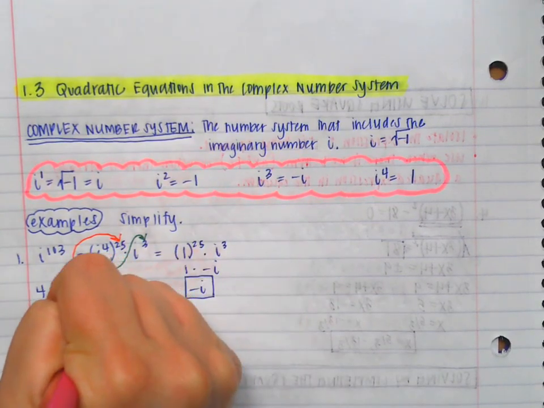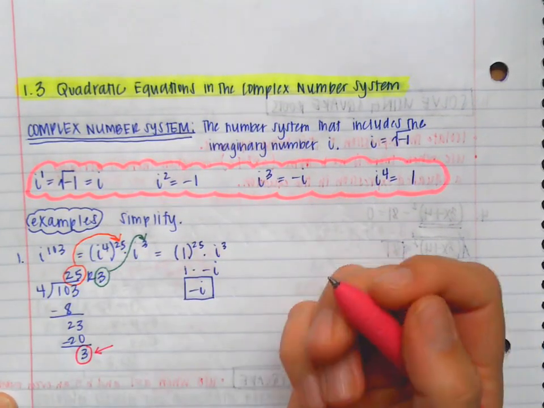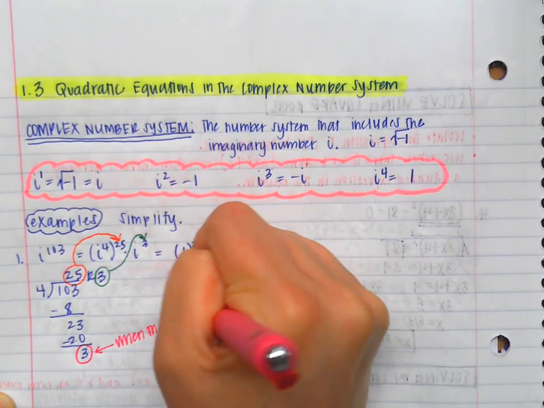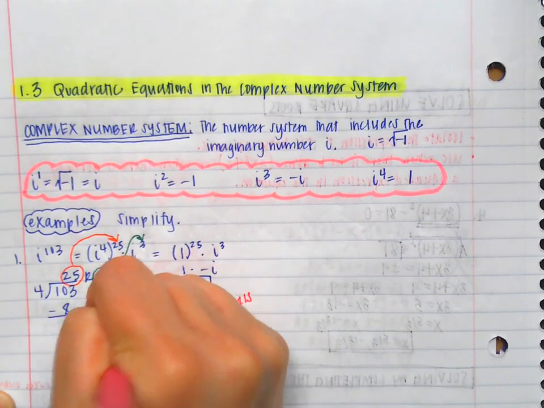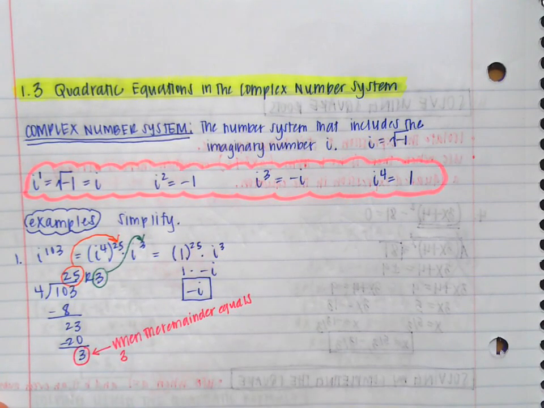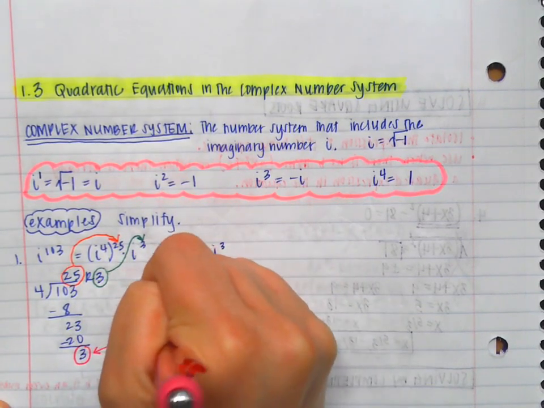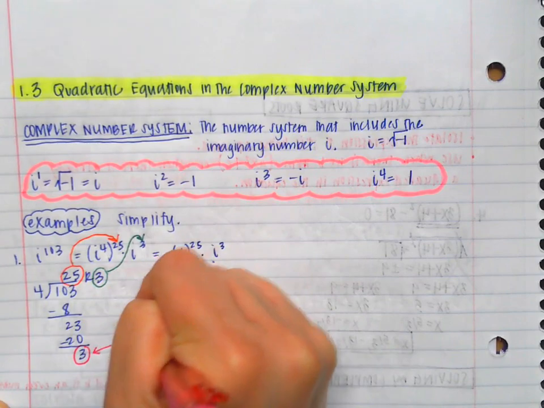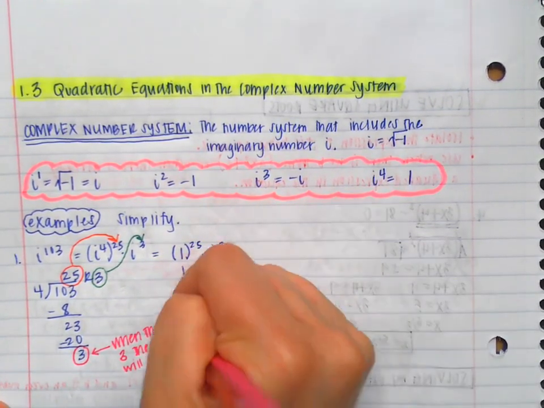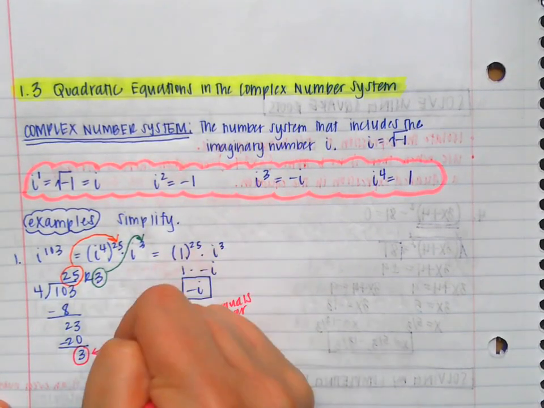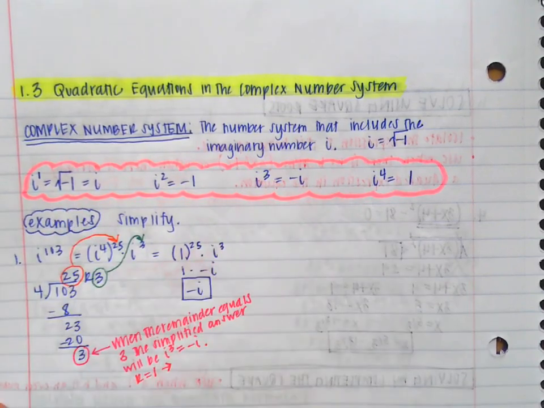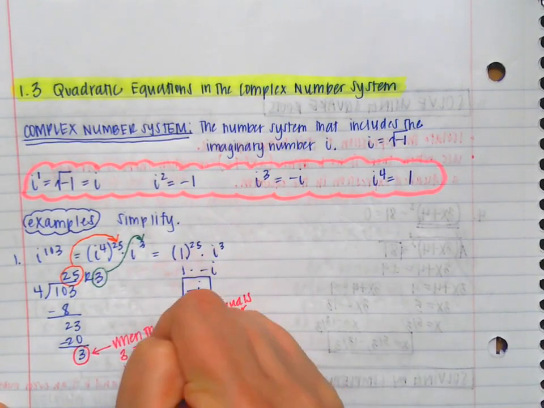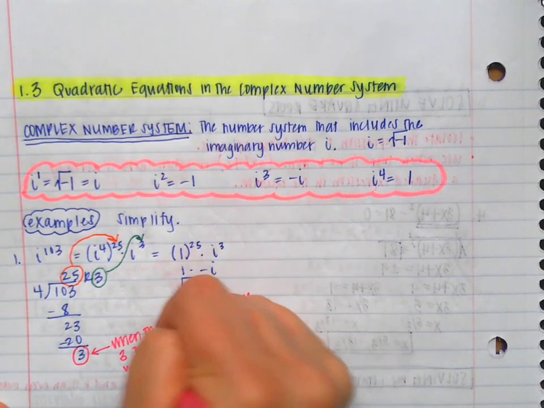Okay, so when the remainder equals 3, the simplified answer will be I cubed, which equals negative I. If the remainder is 1, then that's going to be I to the first power, which is I. If the remainder is 2, it's going to be I squared, which is negative 1.